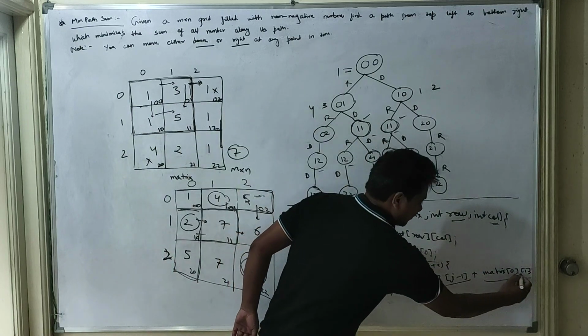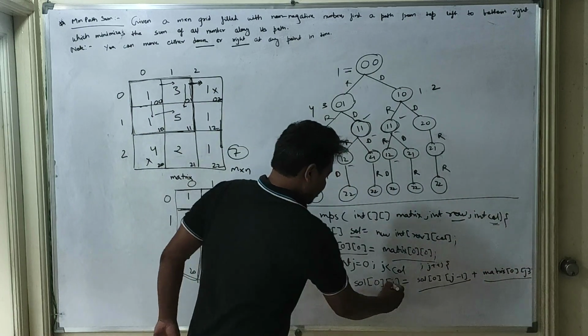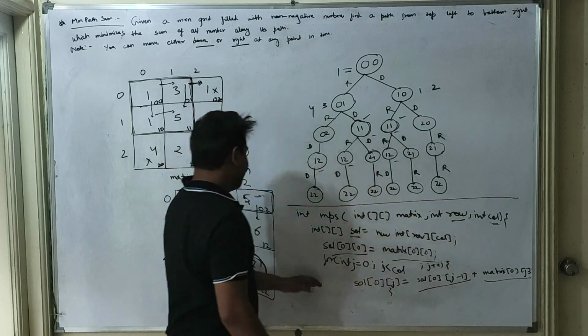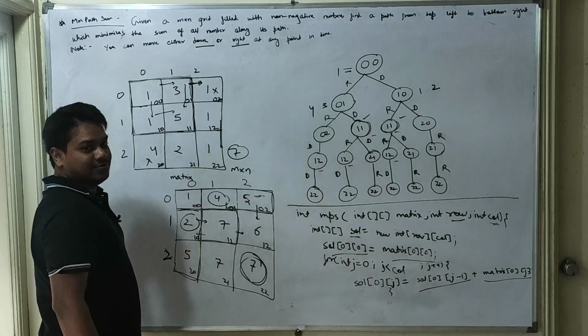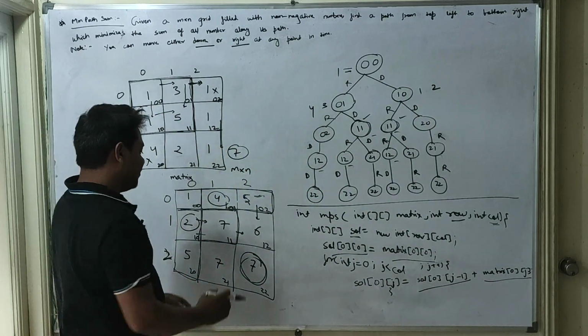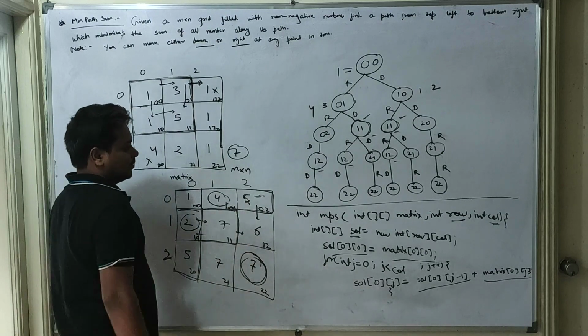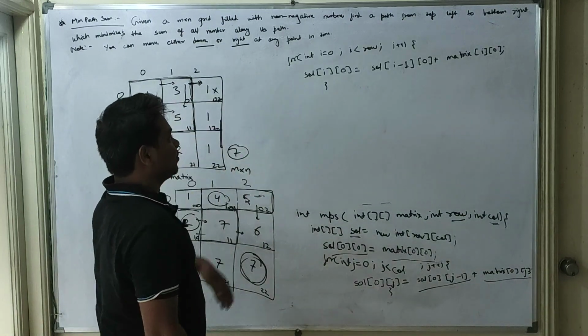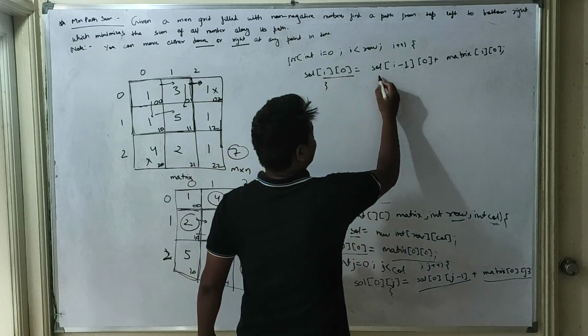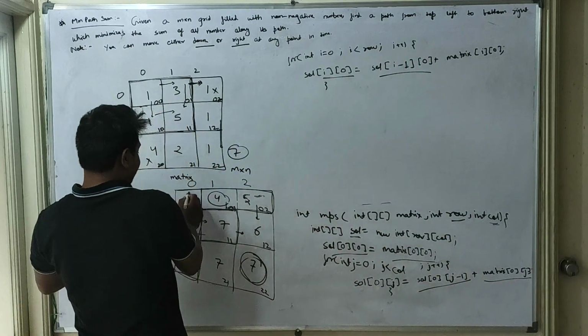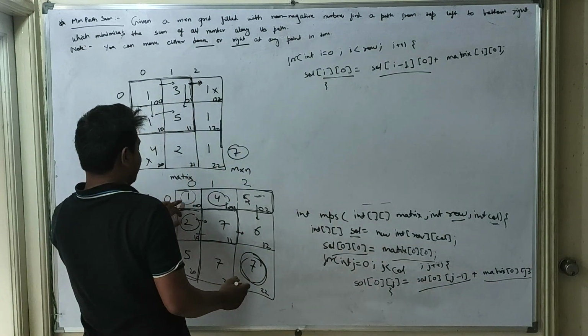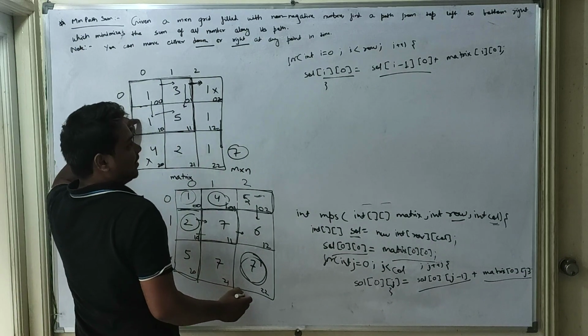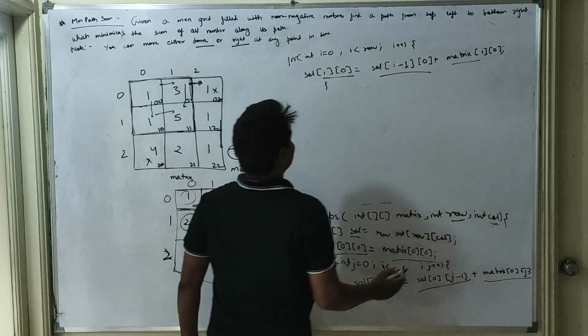So these are j basically. Similarly, we can do that for i also. Similarly, we are doing it for the rows. So solution[i][j] is nothing but the value of the previous cell whatever we were having plus the current value of the matrix. So if we add it, then we will get it.